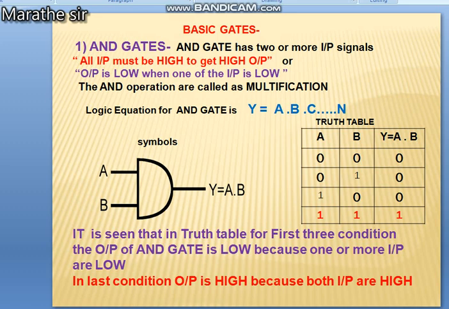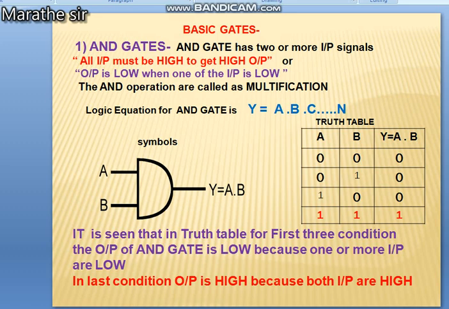From the truth table, for the first three conditions, that means when A is equal to 0, B is equal to 0, when A is equal to 0, B is equal to 1, and A is equal to 1 and B is equal to 0, the output of AND gate is low, because in those three conditions one or more inputs of AND gate is 0, or low.